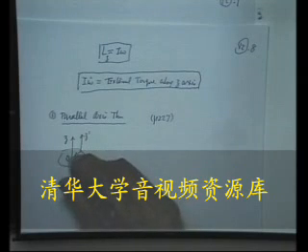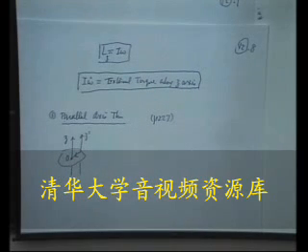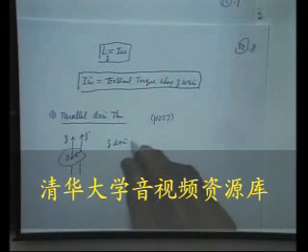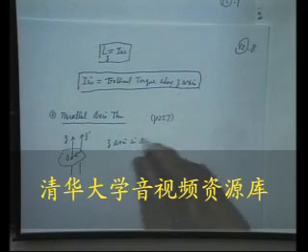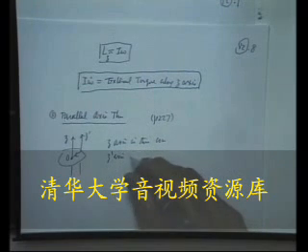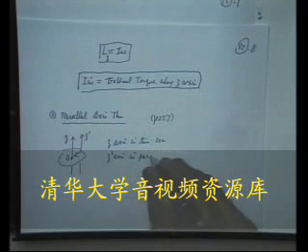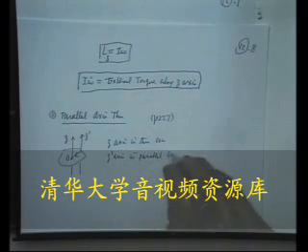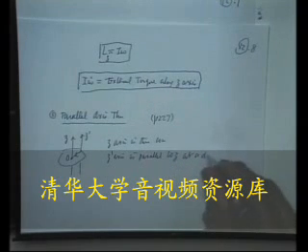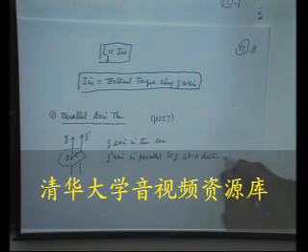This is the center of mass. The z axis is through the center of mass. The z prime axis is parallel to z at a distance h.